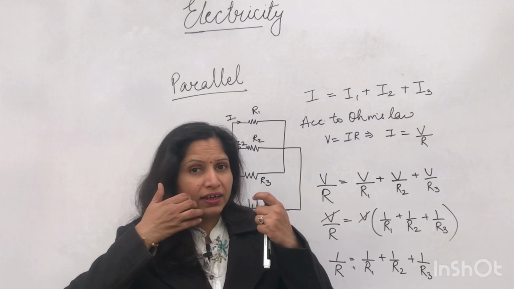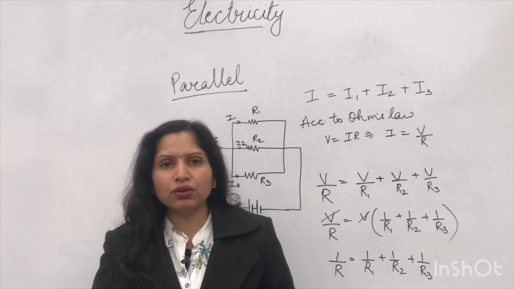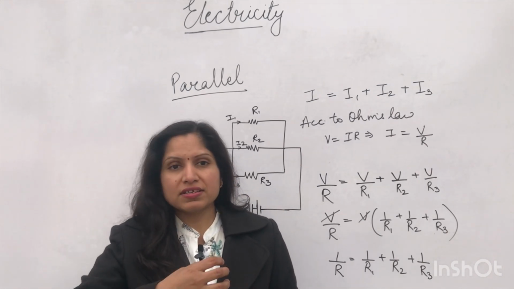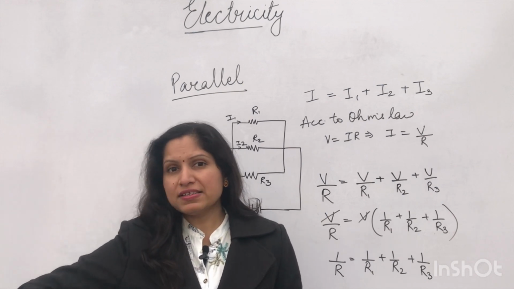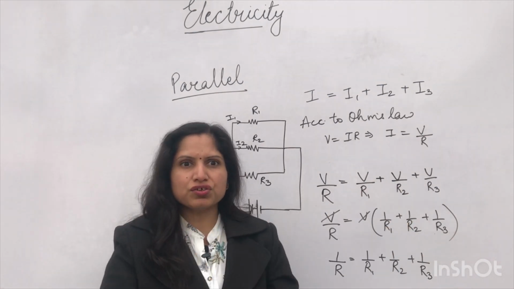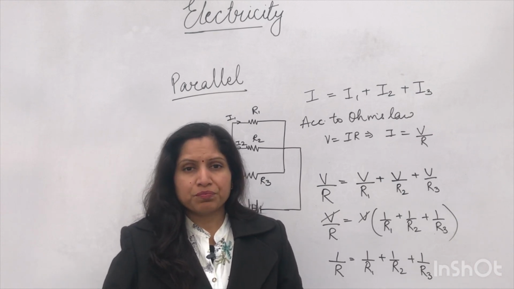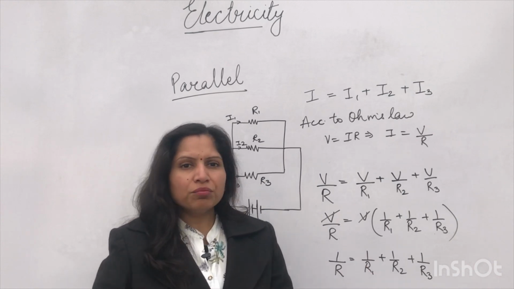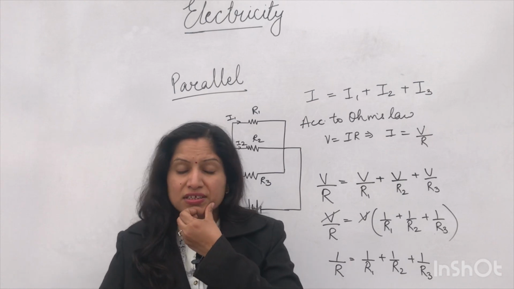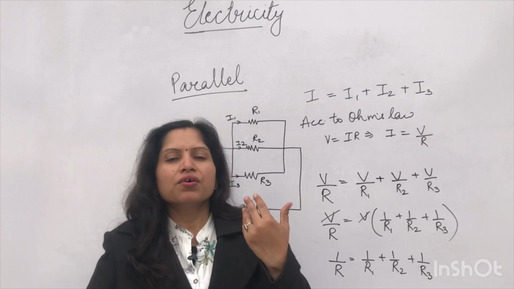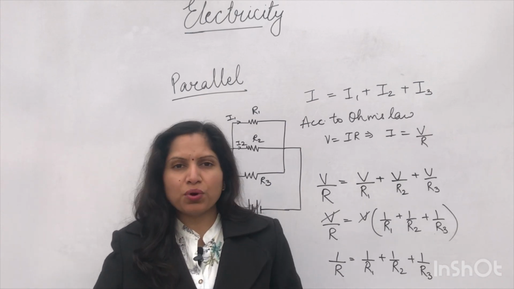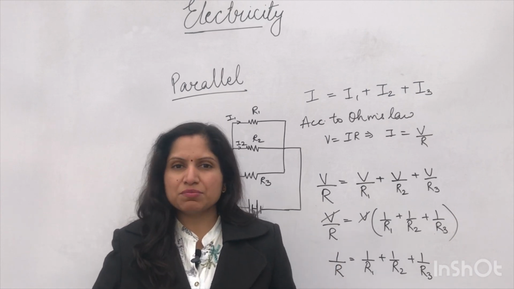By that we get that in parallel combination the resistance is not added up. In series, we have seen that the total resistance of the circuit increases too much. But in case of parallel combination, the total resistance of the circuit doesn't increase as much. For finding it out, we'll just do one numerical that will make our concepts even clearer.